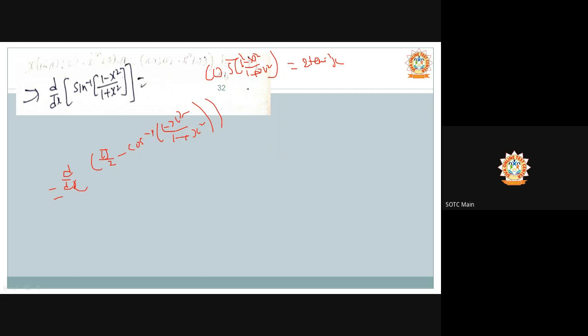That sin inverse x can be converted into cos inverse x. Minus 2 by 1 plus x square, sir. Very good. Minus 2 by 1 plus x square is the correct answer. Done. Let us move to the next question.